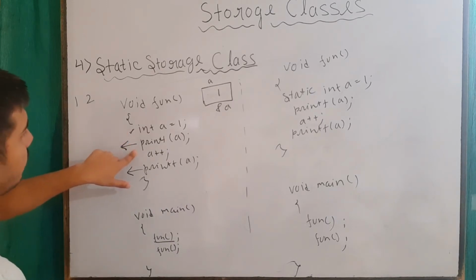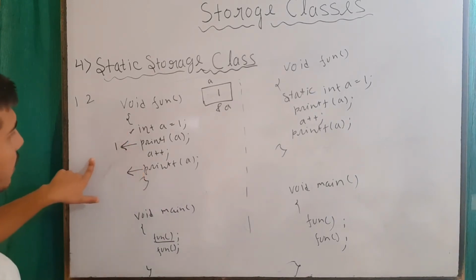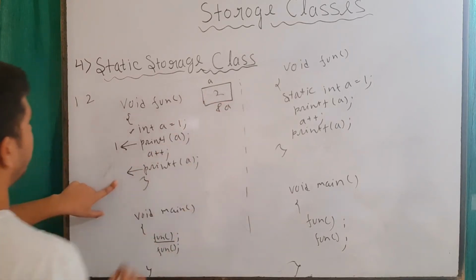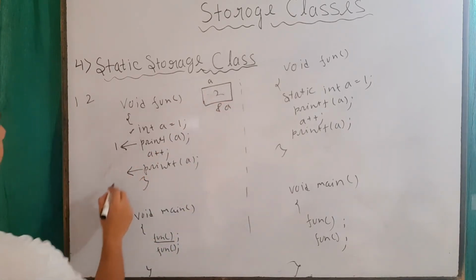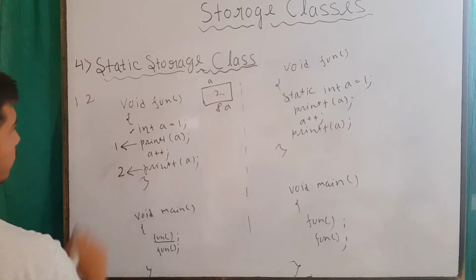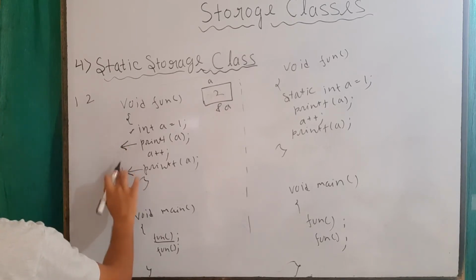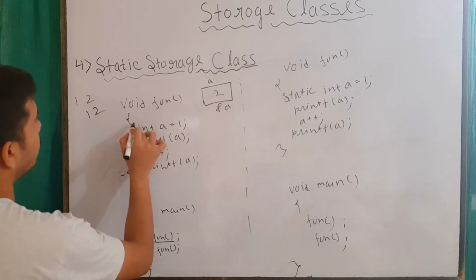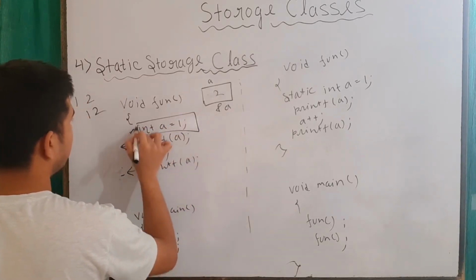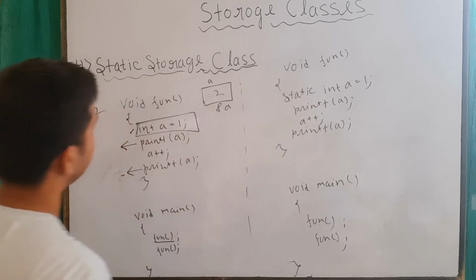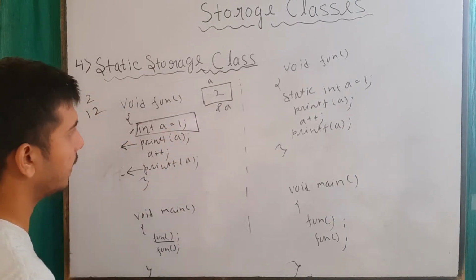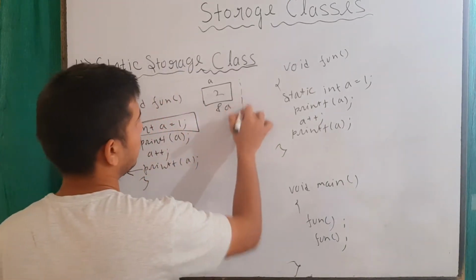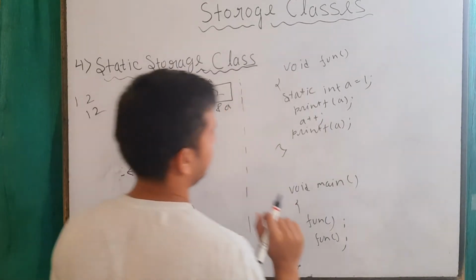Then printf of a gives 1, then the value increases to 2 and printf of a gives 2. The final output will be 1 2 1 2 1 2 1 2, right? So we see that this statement is defining this variable again and again, but this is not the case with the static storage class. Let's see how it is different.